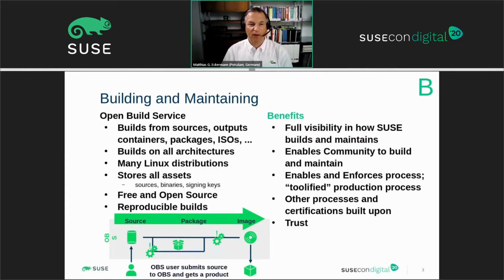And this Open Build Service helps you to build from sources directly and outputs all the formats that you need or that we want to deliver to you to service and support you, such as packages, containers, ISO images, VM images, cloud images. This Open Build Service works across all architectures.